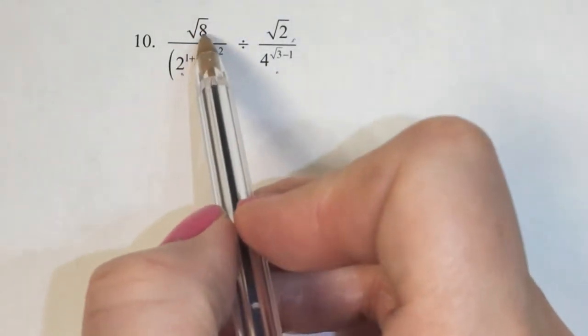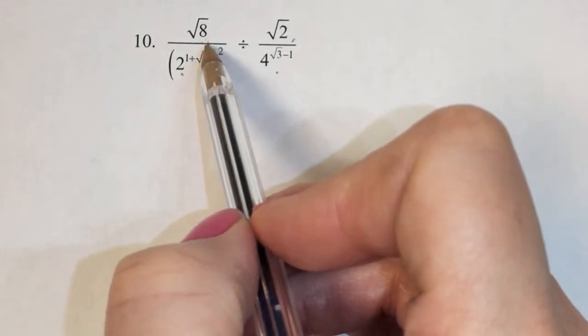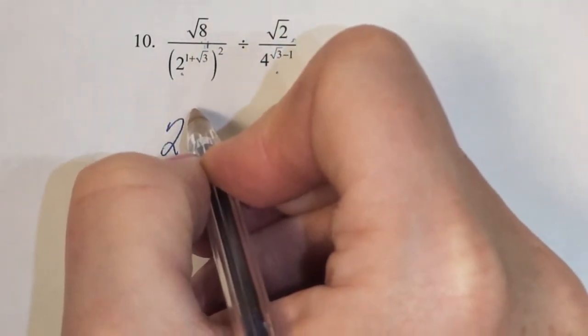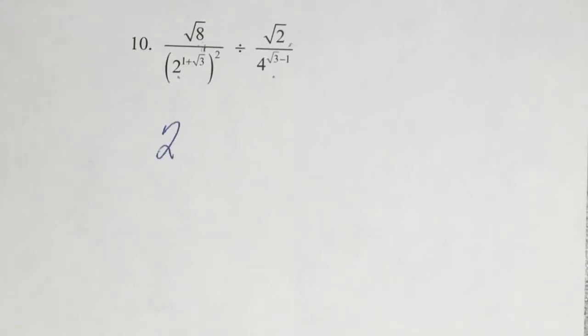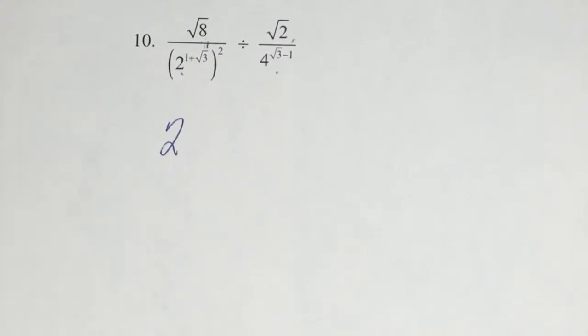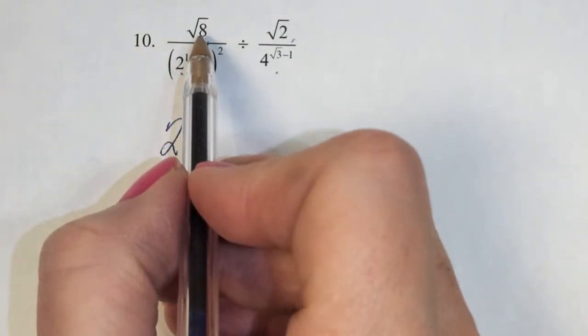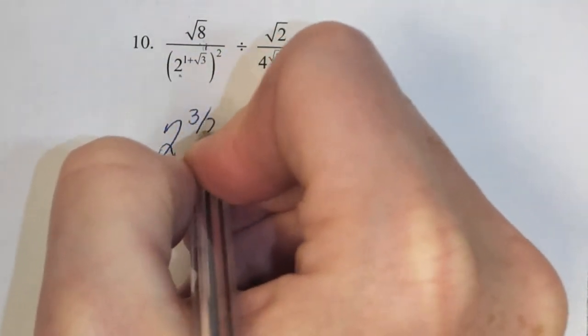Brooklyn, how can I rewrite radical 8? 2 to the what? It's not 2 to the 1/3. It's because what's happening to the 2 to get you the 8? There you go. 2 to the 3/2 there.